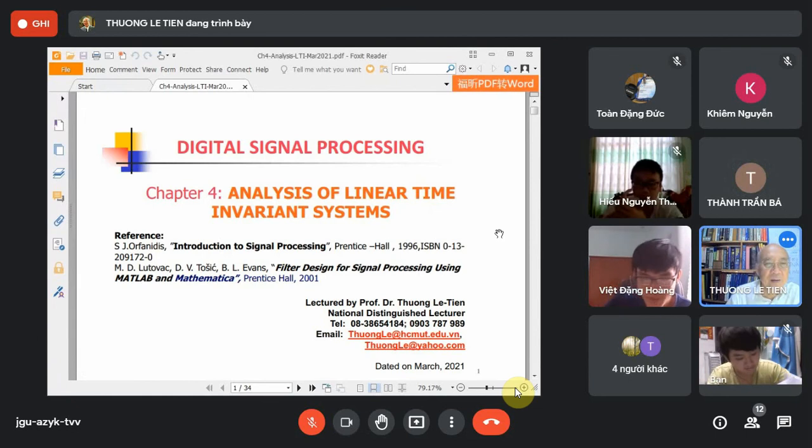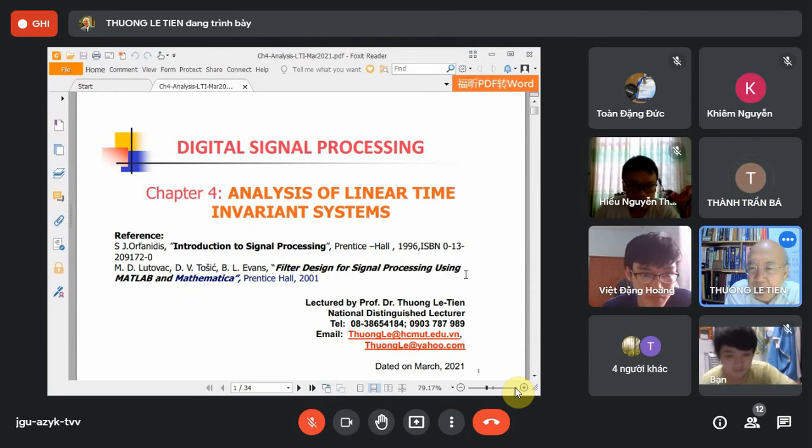Now, chapter 4. I believe that you have some background related to this chapter, because after chapter 3, we did talk about that.